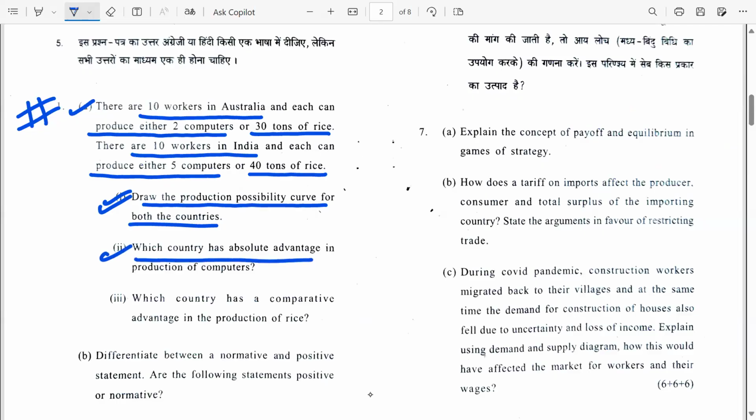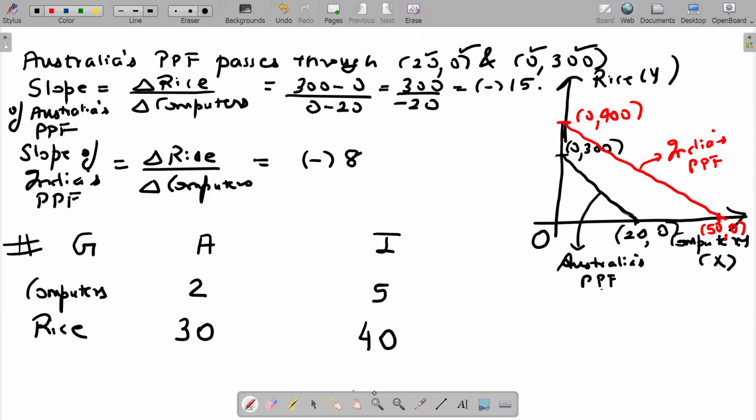Which country has absolute advantage in the production of computers? Obviously, that country will have an absolute advantage in the production of computers if that country can produce more computers. So very simple. If you look at both the countries, I can write for part B, for part 2. I'm answering part 2.